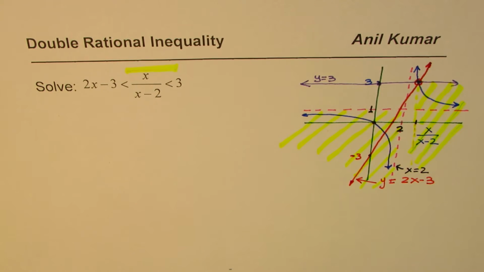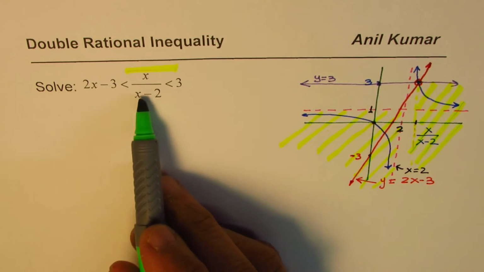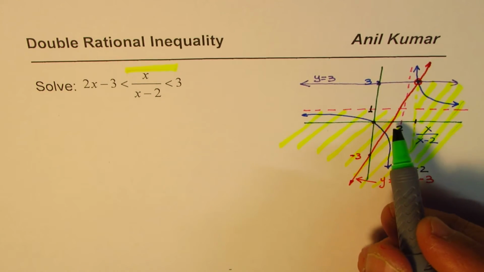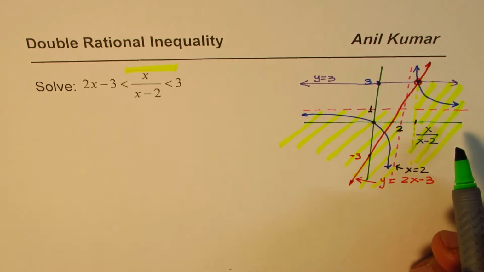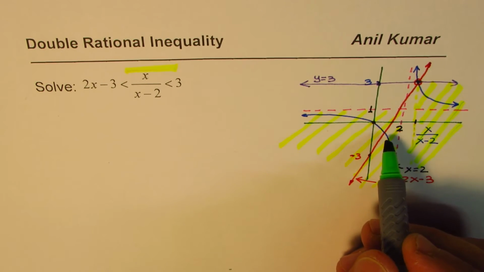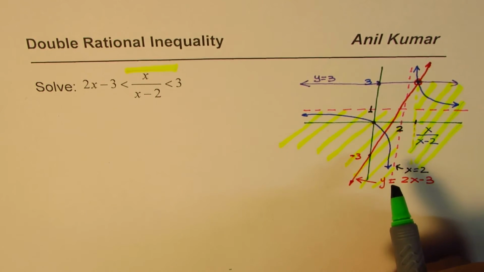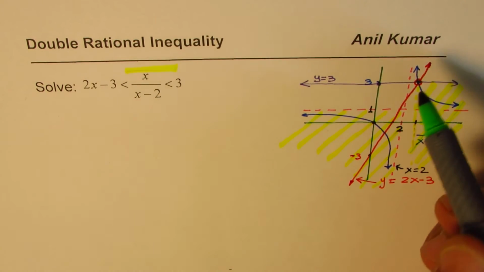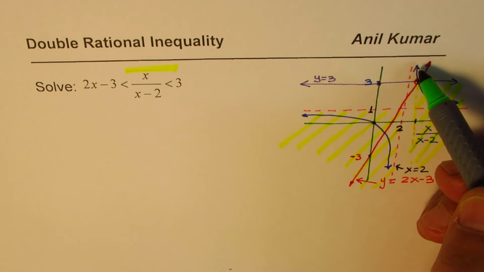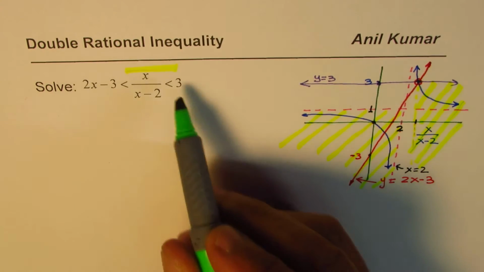Perfect. Now how about the other part, where we are saying that the value of this rational function should be greater than 2x minus 3. So the value greater than 2x minus 3 is where? It is either on that side, but that side is not good enough for the first one.